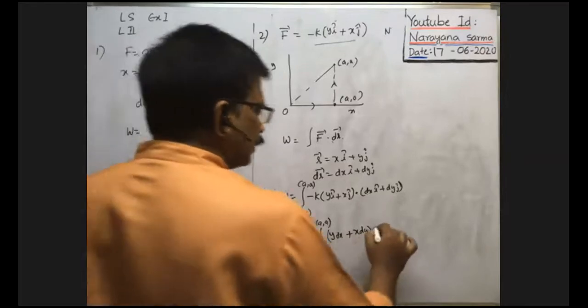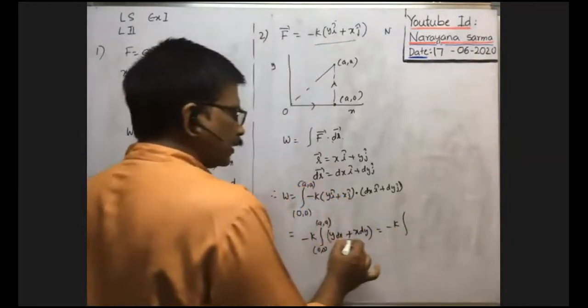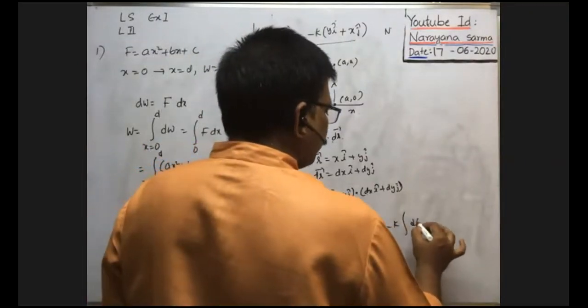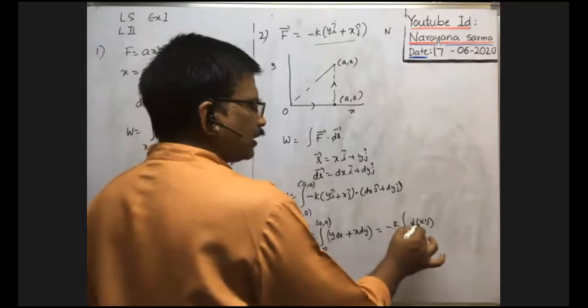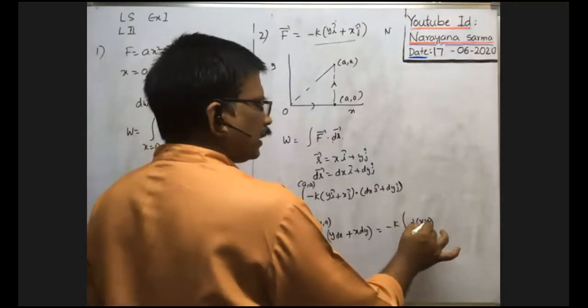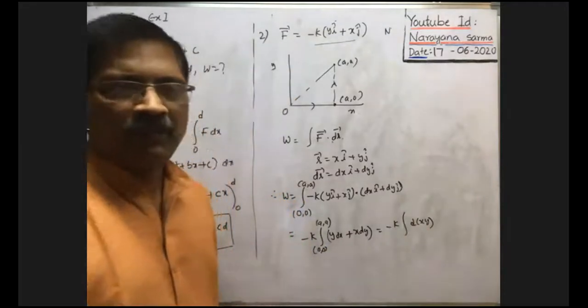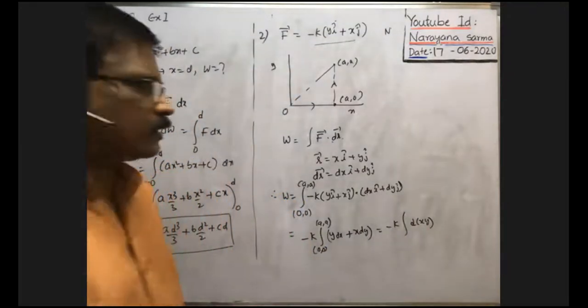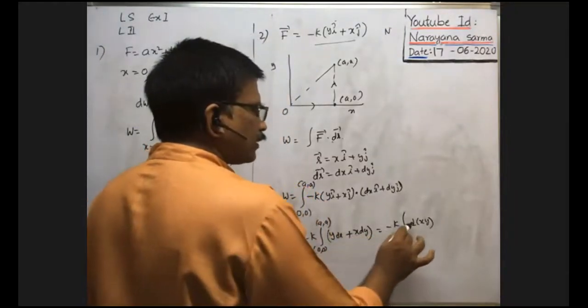Okay, this is equal to minus k into, you see, here we can write d of xy now, because d of xy means differentiation of xy, which is x dy plus y dx, because it is the UV method, the product of two variables. This y dx plus x dy can be written as d of xy.